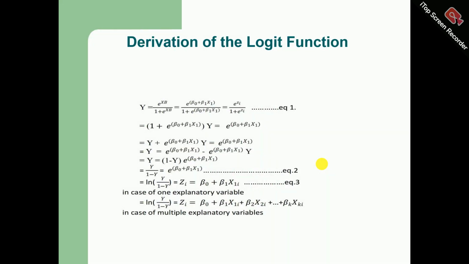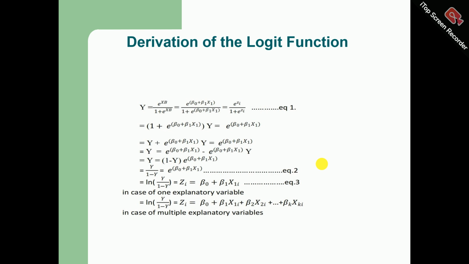Now in this slide you can see that y is equal to e raised to the power zi whole divided by 1 plus e raised to the power zi, and this is also equal to y is equal to 1 divided by 1 plus e raised to the power minus zi that we mentioned in the earlier slide.